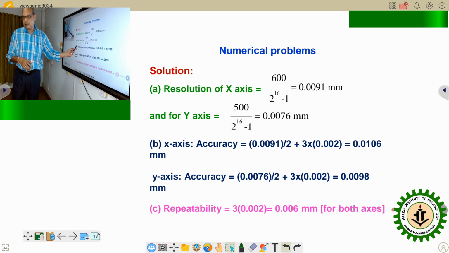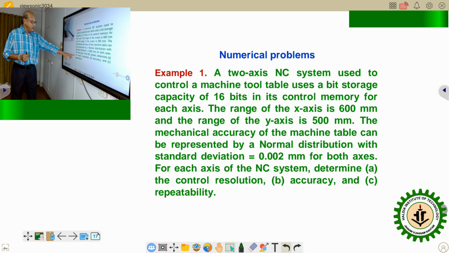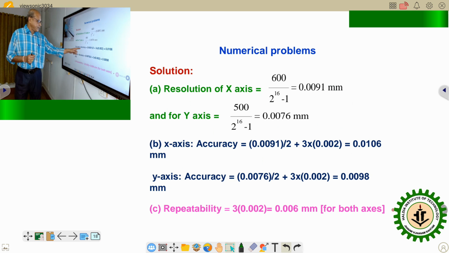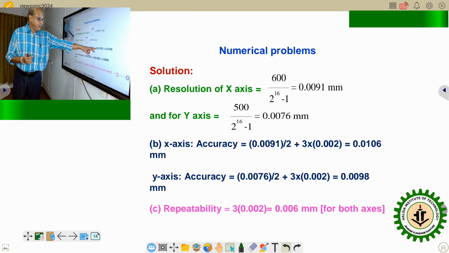Coming to the accuracy, half CR plus 3 sigma, not plus minus, be careful. Sigma is given as 0.002. To calculate for the x-axis, since the CR is different, for the x-axis the resolution is 0.0091, so we take 0.0091 by 2 plus 3 sigma.